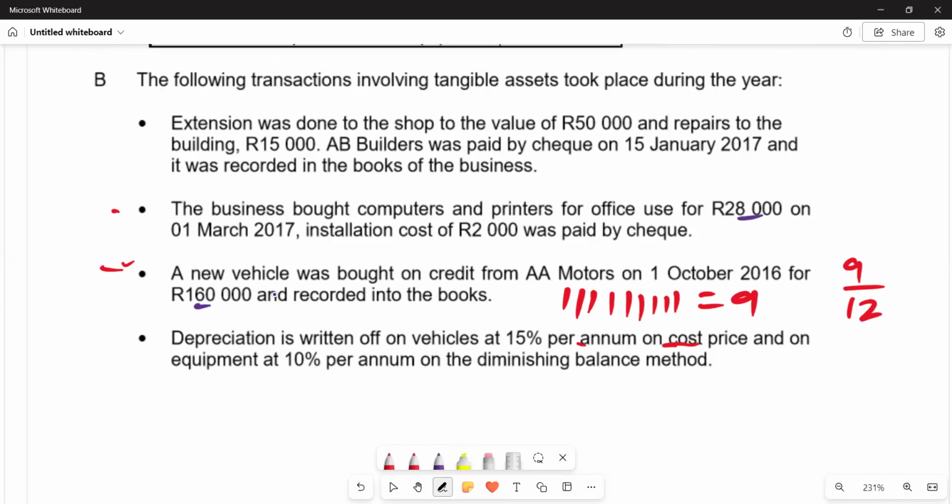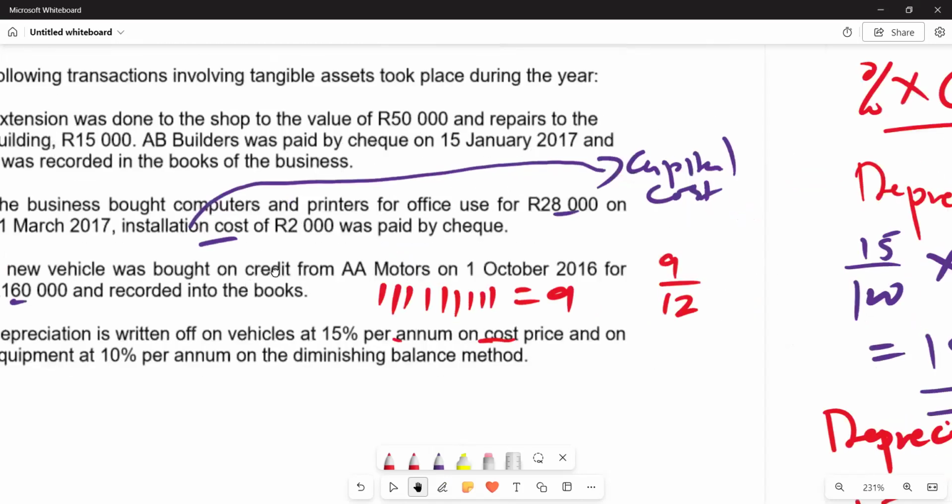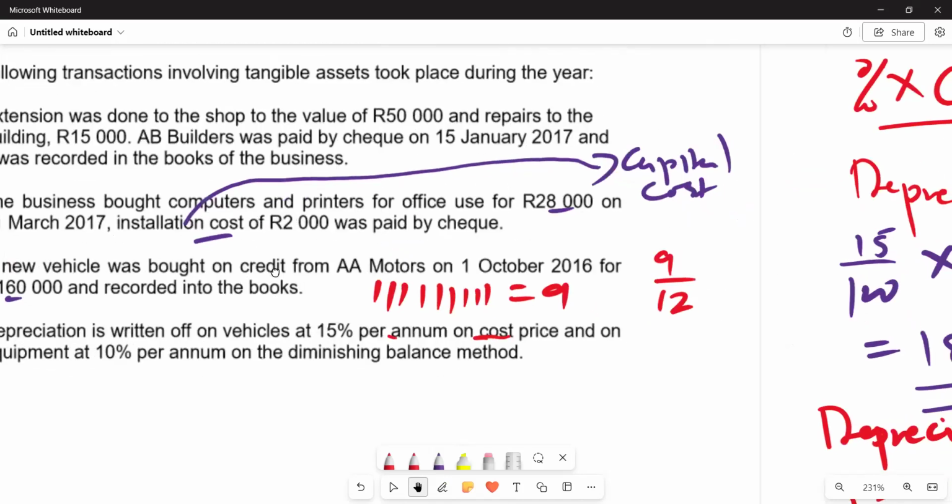So these installation costs are capital costs. Capital costs increase the value of the non-current asset or the fixed asset. So we are saying 20,000 was the cost of the computers and printers that we bought, plus the installation cost will give the total valuation after we've included the total cost.